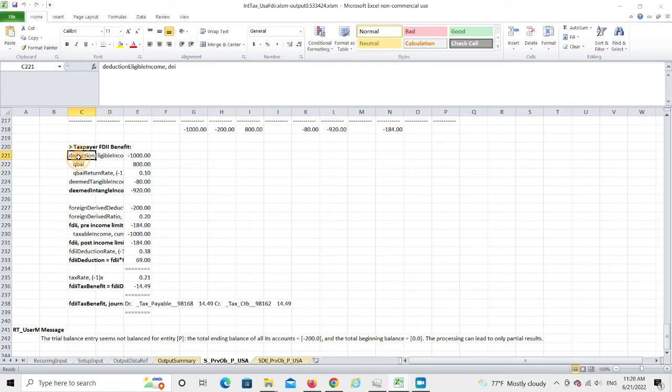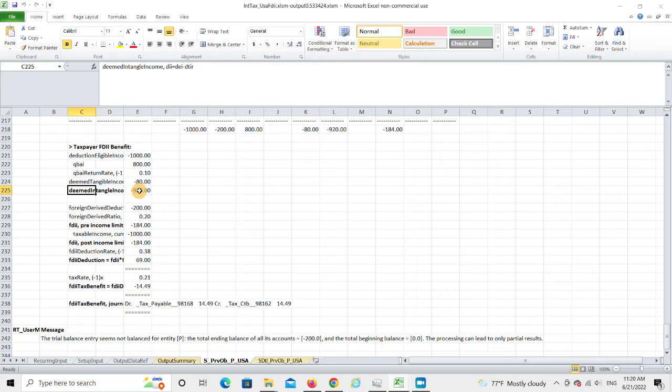We have the DEI, deduction eligible income, starting with 1,000. We have the QBAI, and with a 10% return on that, we get 80. So these are the deemed tangible income. So the intangible part of that income would be 920.